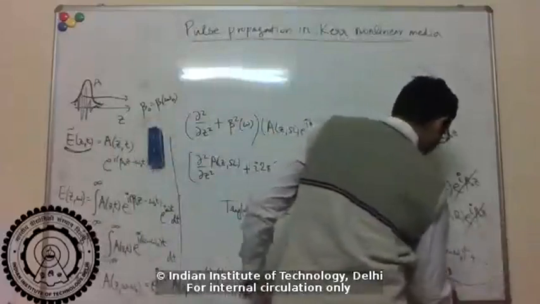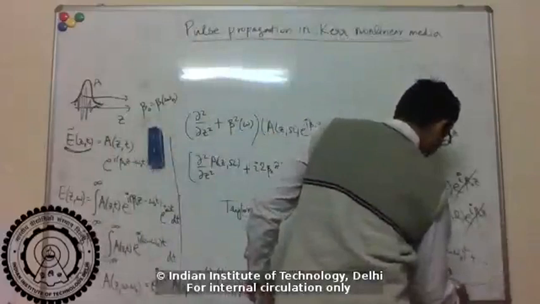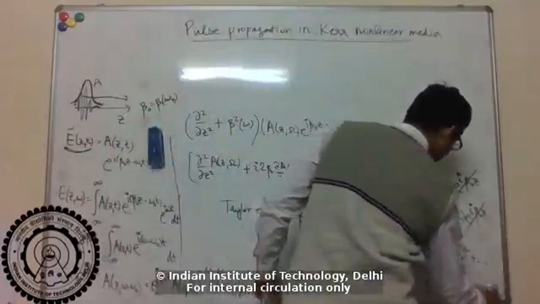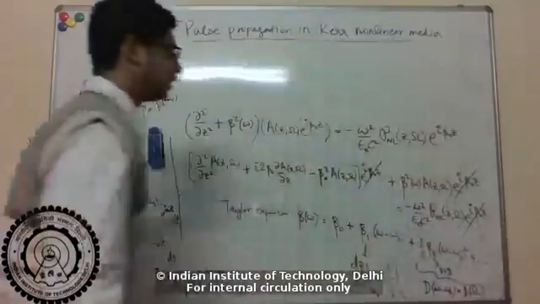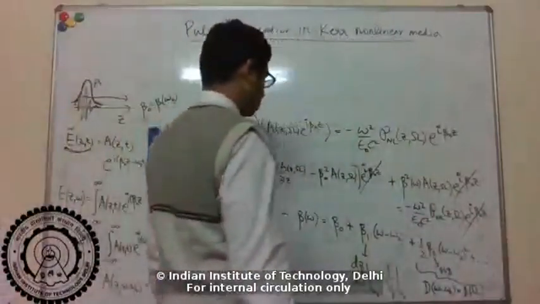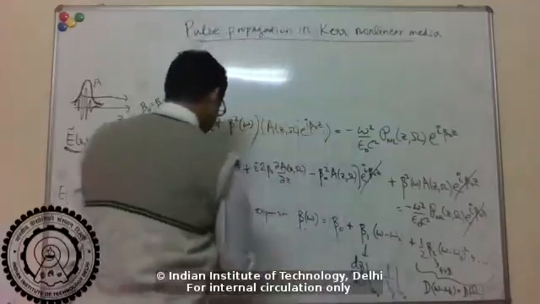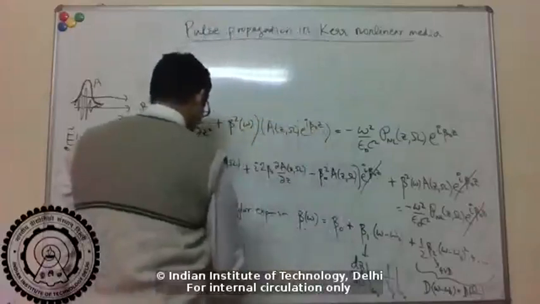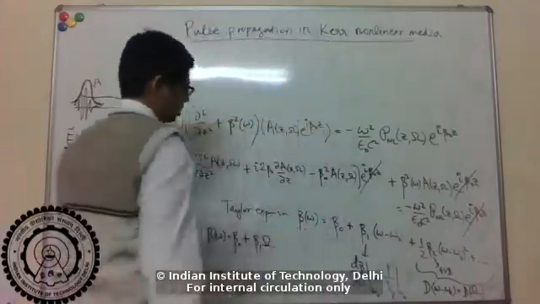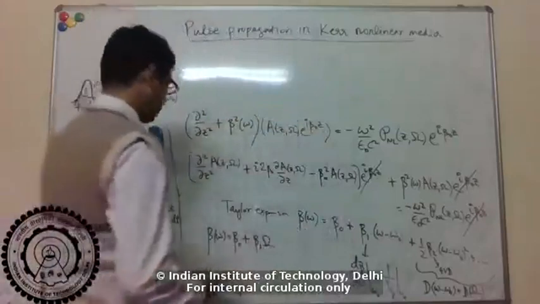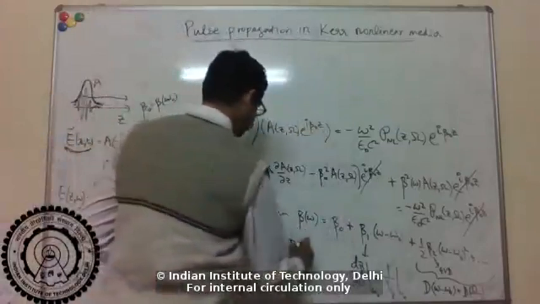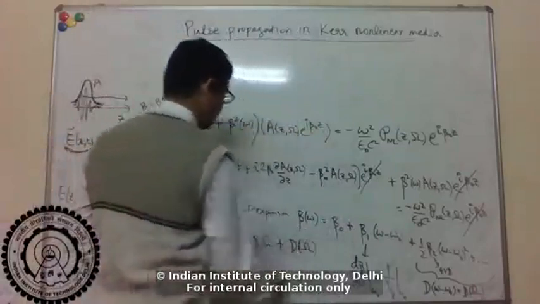So how many ever terms you want to include starting from the second, you can club into what is called a dispersion operator D, which is a function of omega minus omega naught, or equivalently a function of this capital omega. So basically beta at omega we are writing as beta naught plus beta 1 times this capital omega detuning plus this dispersion operator, which is a function of omega.